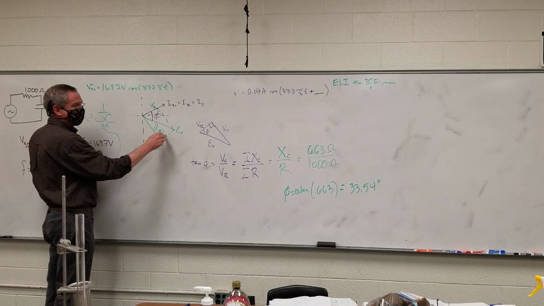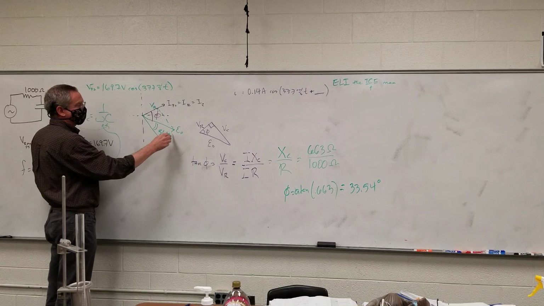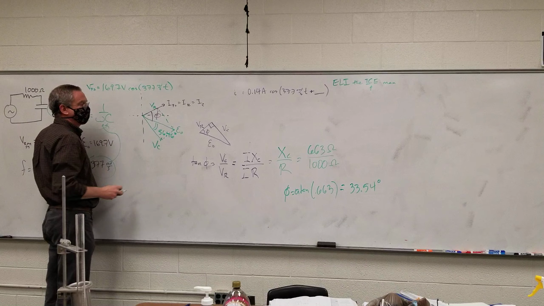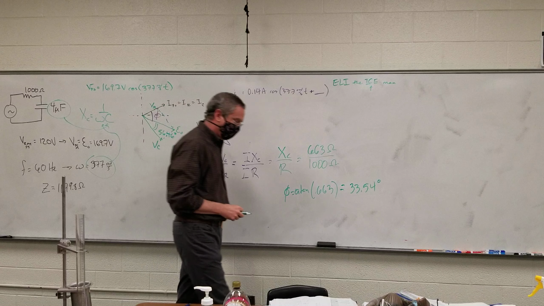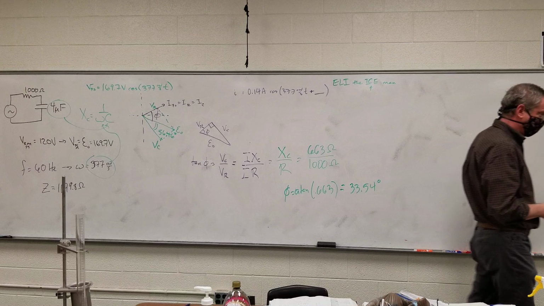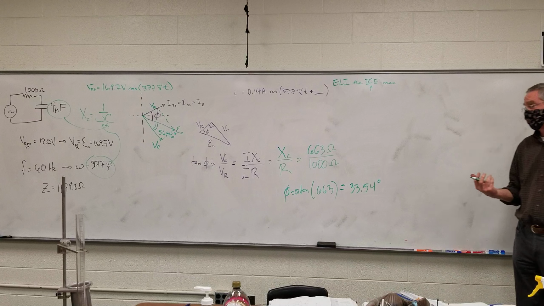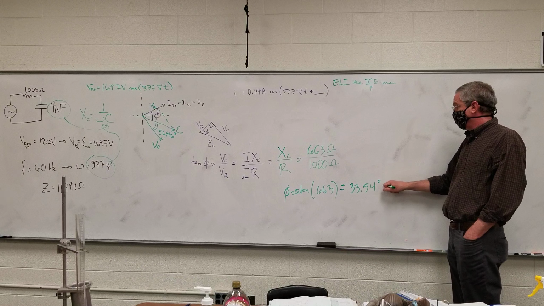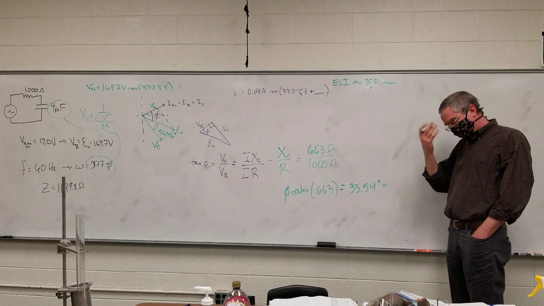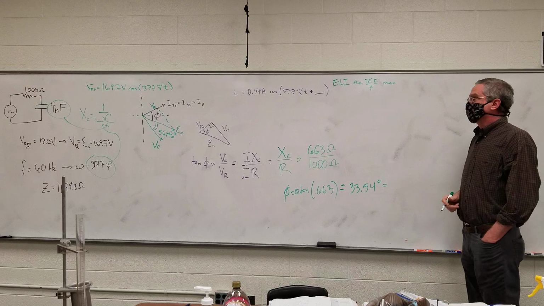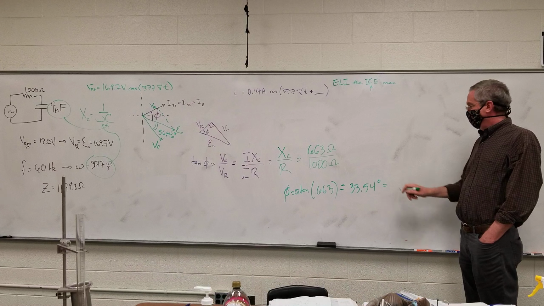So 56.46 degrees. Assuming that's correct. And because we're cool, what are these angles in radians? 0.585.